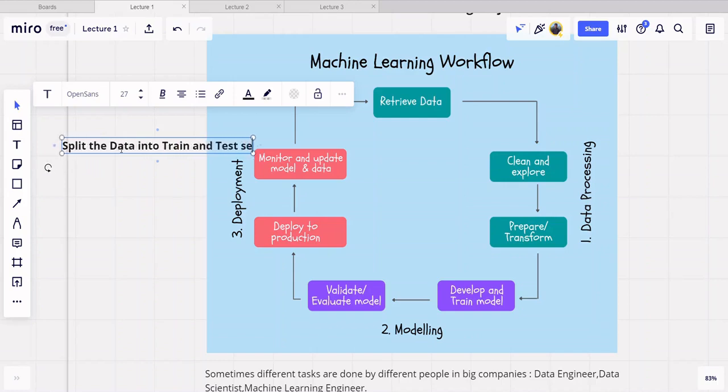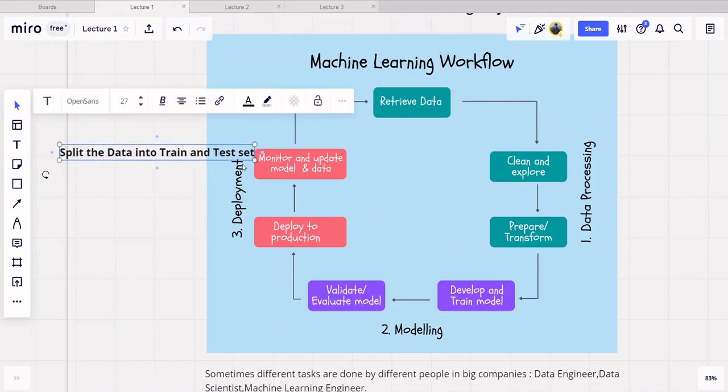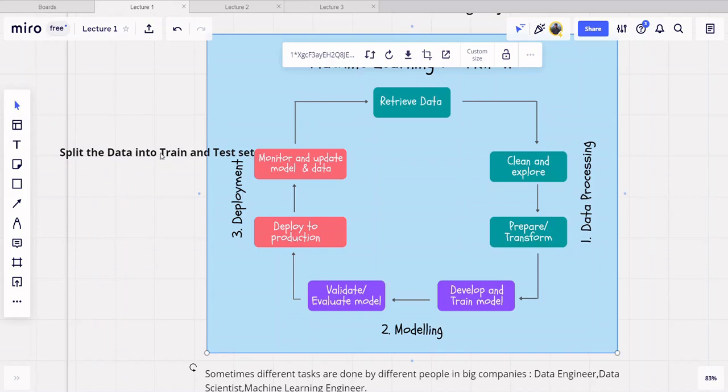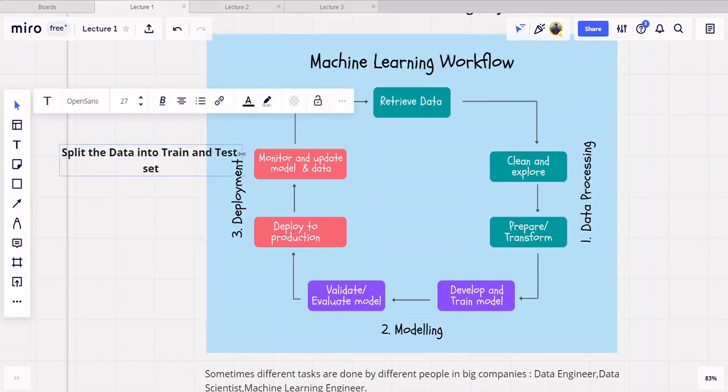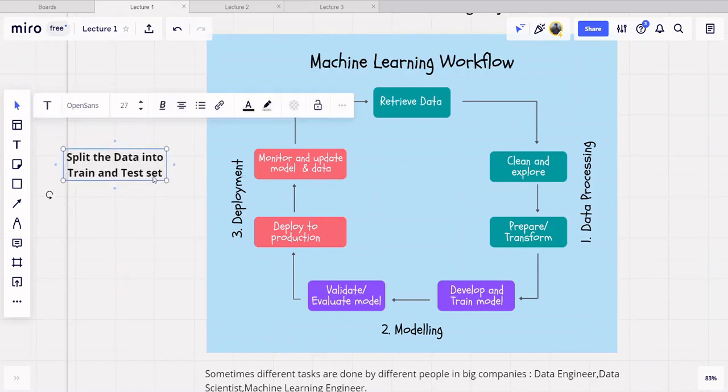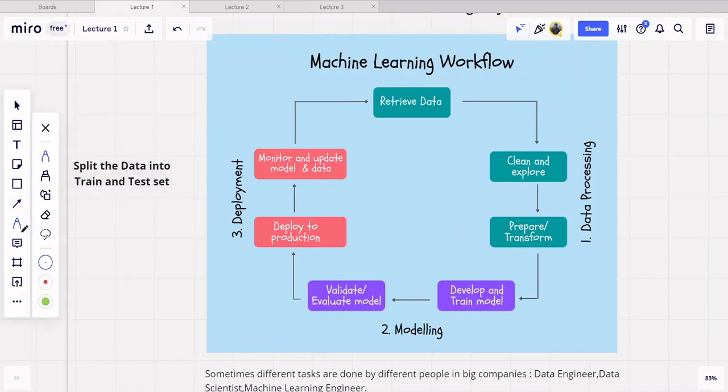For example, let's say you have data on 1,000 credit card users. We'll use some part of the data for training our model, and leave some part of our data to test the model.